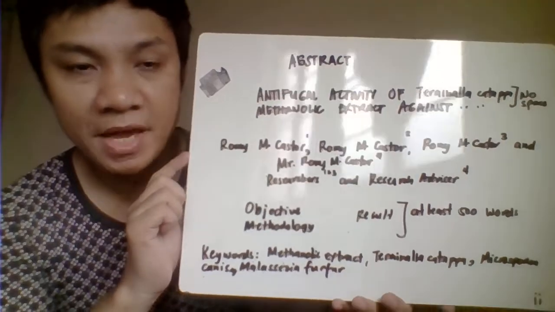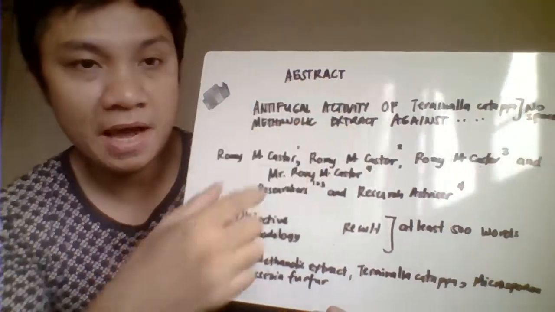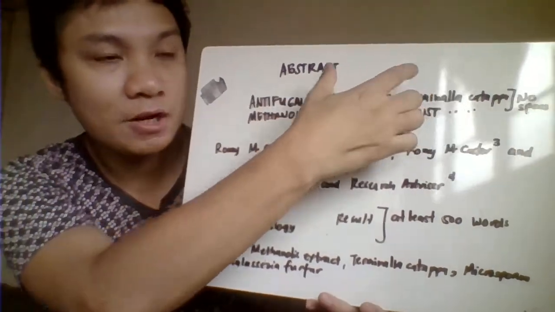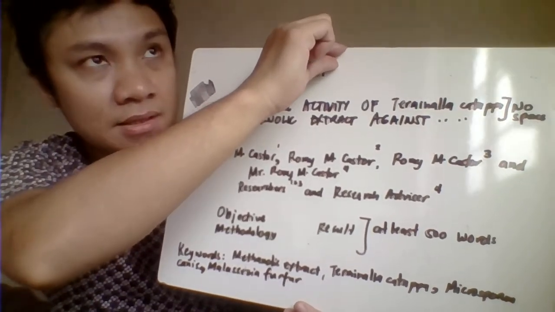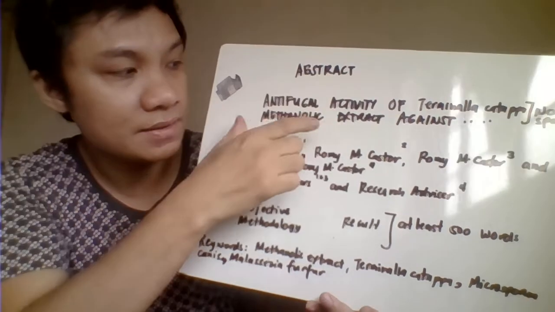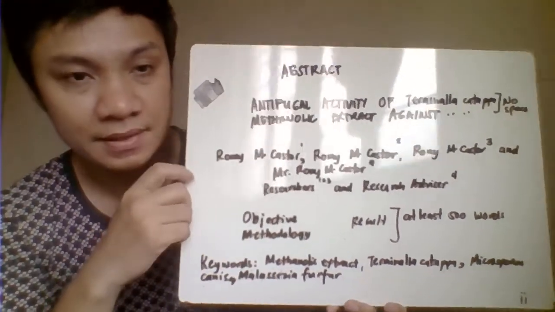Okay, the next page we have is for the abstract. You write the word abstract in all caps. Then put it at the center of the page. Then you should have at least two spaces here. Another one, we have 3 spaces for the next. The next one would be the title of your thesis.